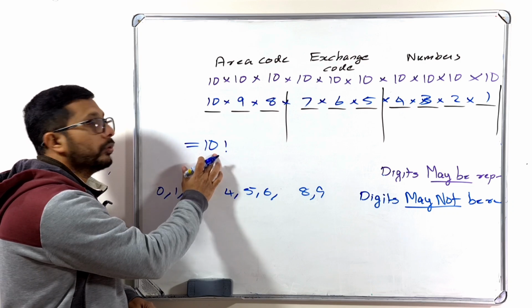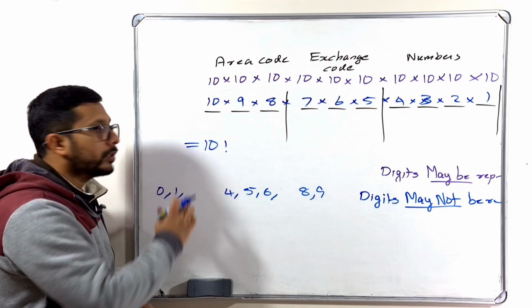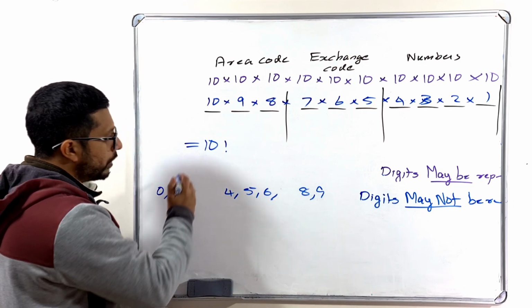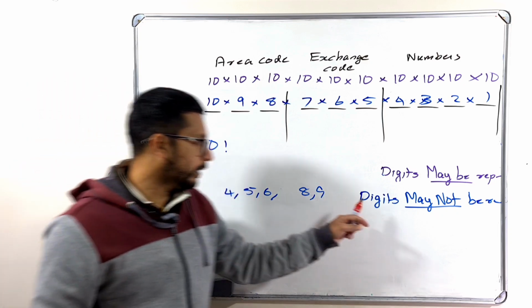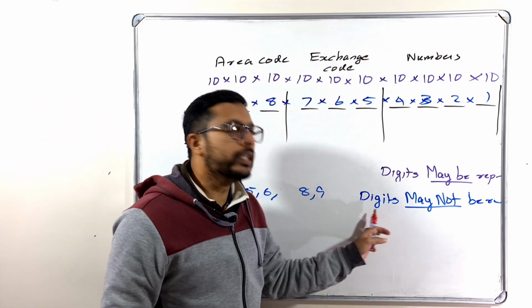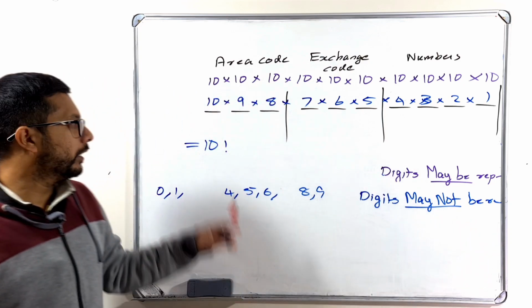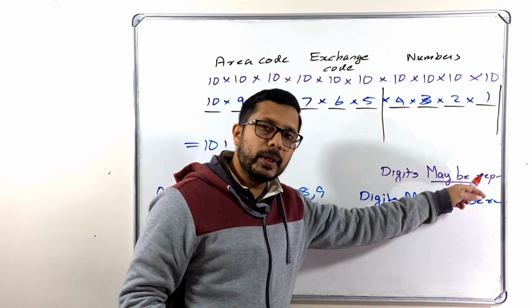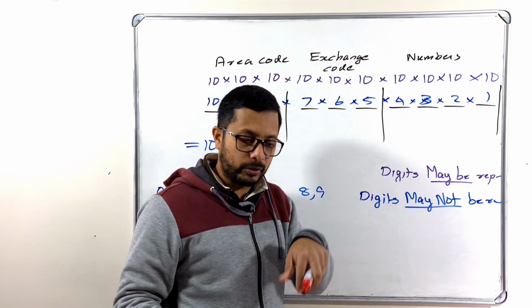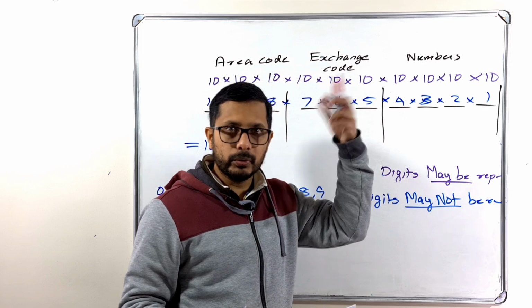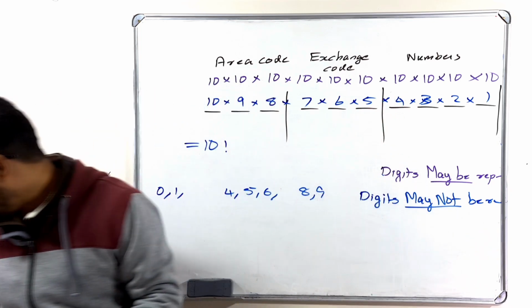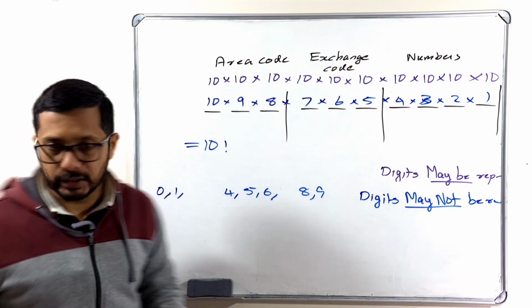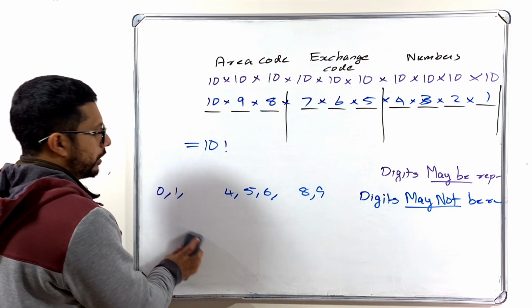In your calculator you can find 10 factorial. I will show you later. So if the question is digits may not be repeated, the answer is 10 factorial. But digits may be repeated, that is our question, 10 raised to 10, because all the spaces have 10 options.